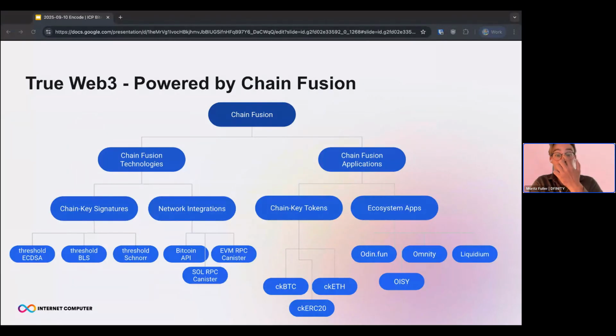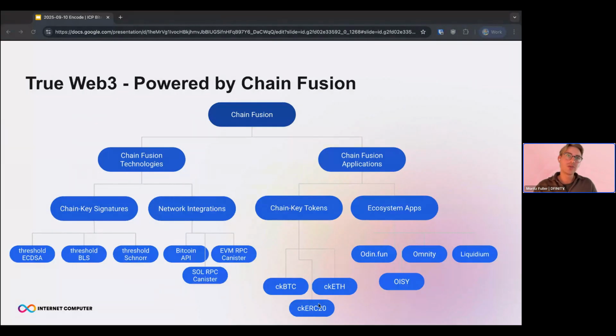And as I mentioned, chains that are supported by chain fusion are Bitcoin, Ethereum, and most other EVMs or EVM-based layer 2s, Solana, and in theory also Cosmos, Sui, and others. So very, very broad support to connect or build with chain fusion on other chains or for other chains.